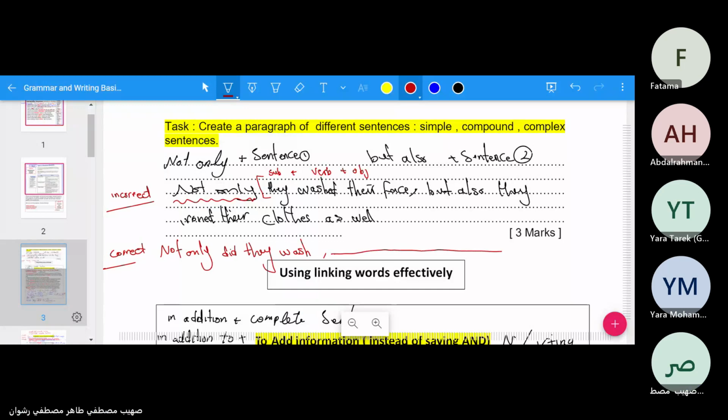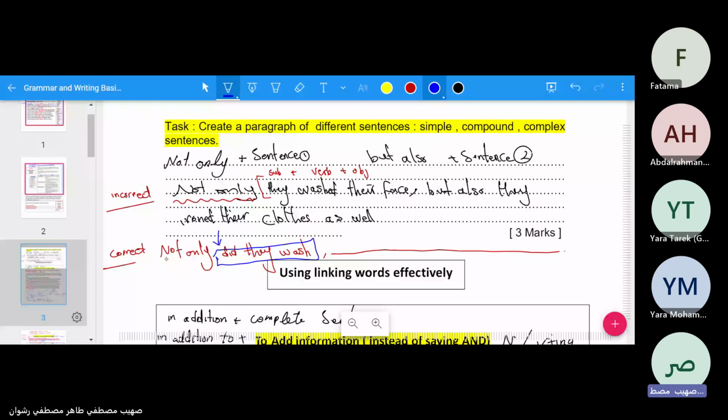So the only difference here is what change we made. Not only, we changed the tense? No, not the tense, it's still past simple. But here we started with what? Did, which is a helping verb. And here is the subject, here is the verb.